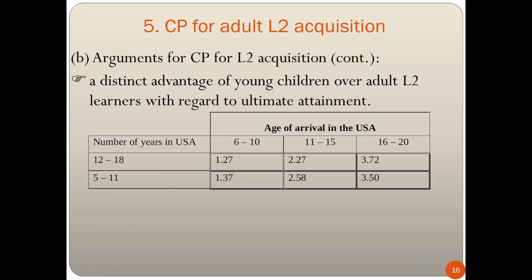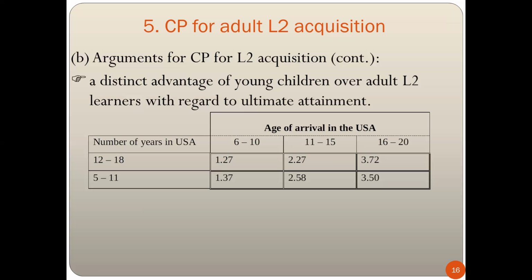Now, this is a very interesting study. It's an older study. It probably was published 50 years ago, if I remember correctly. It's worth briefly describing what the study involved.